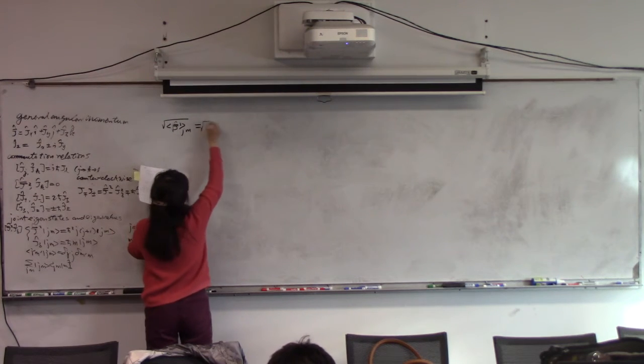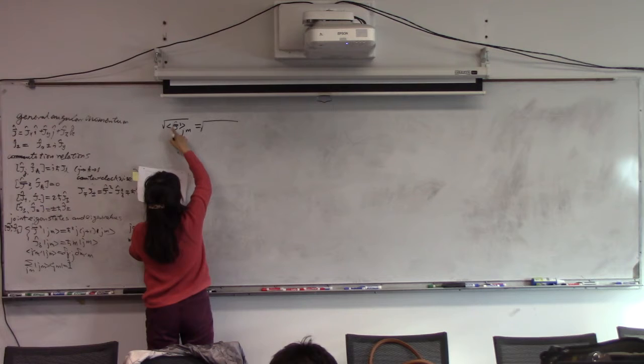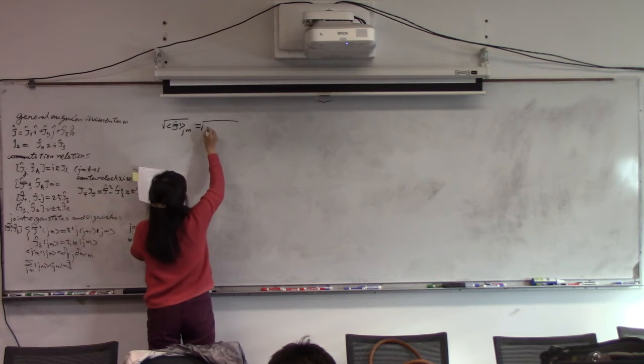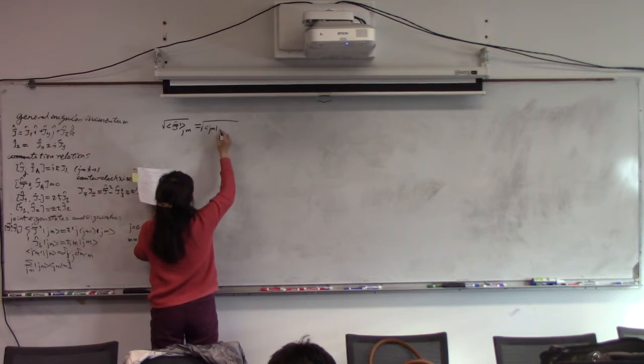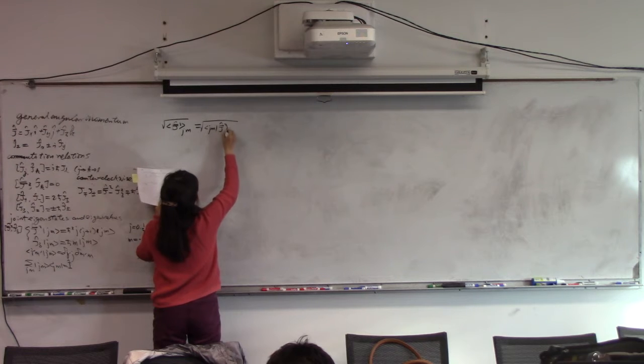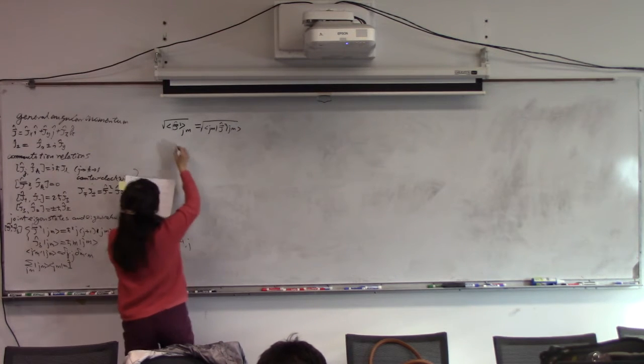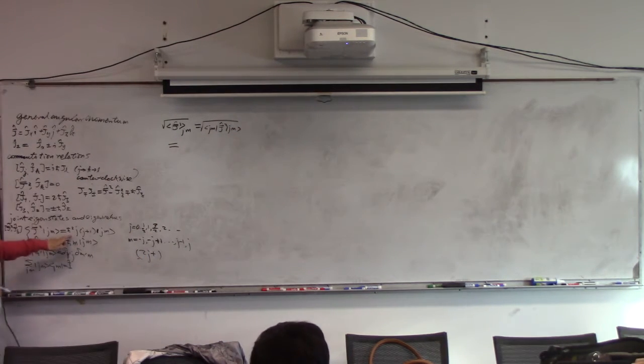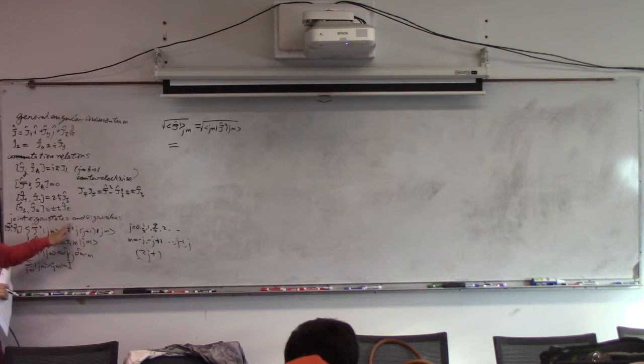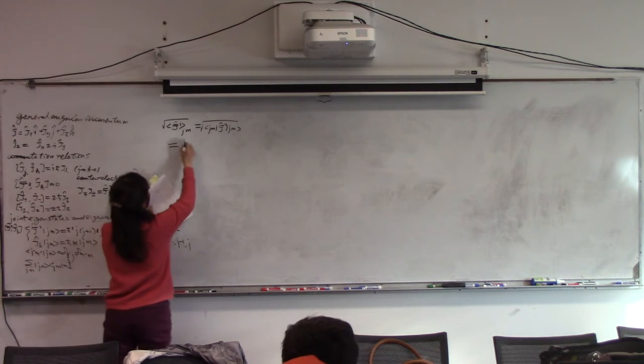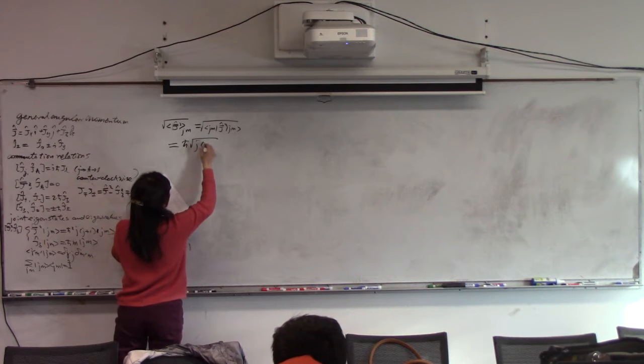This means the expectation value of J squared in these eigenstates, not arbitrary states. Because we know this is an eigenstate of J squared, we have the eigenvalue here, that is ħ² j(j+1).